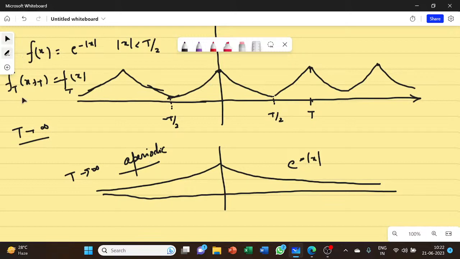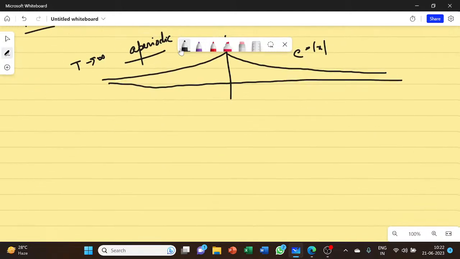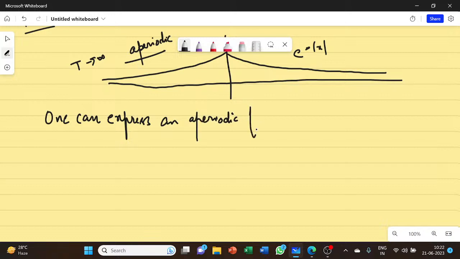Is that clear? So what you can do, one can express an aperiodic function as the limit of periodic function as t tends to infinity.